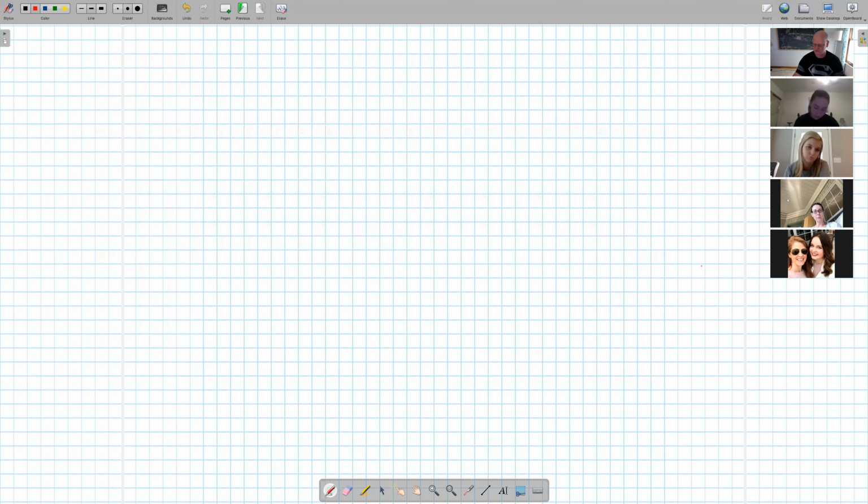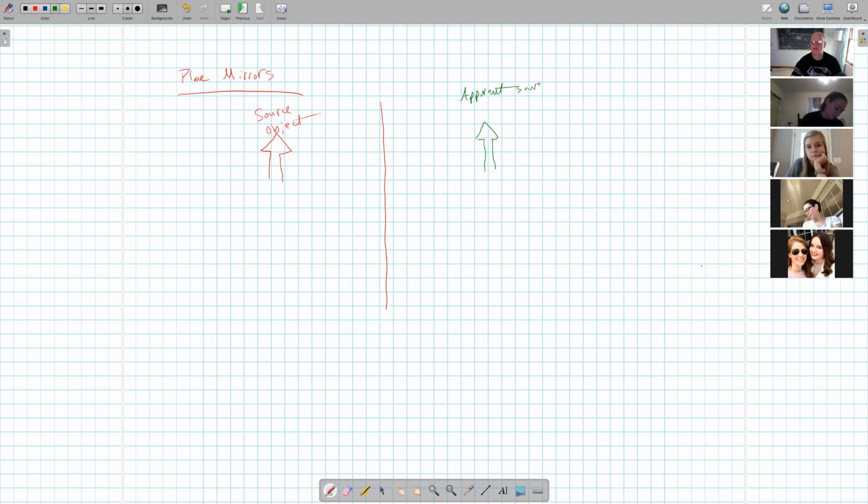So when it comes to plane mirrors, what happens is, if this is my plane mirror, and this is my source, or what we simply call the object, then the image which is created, so where this is going to be my image, or the apparent source, this is what's known as the apparent source, or for short, the image.